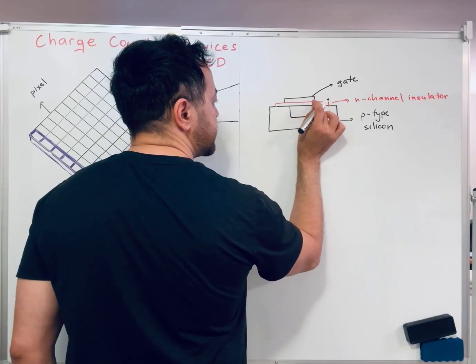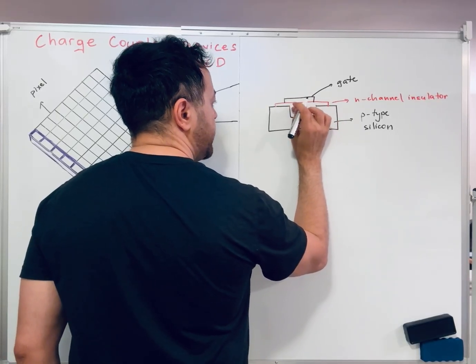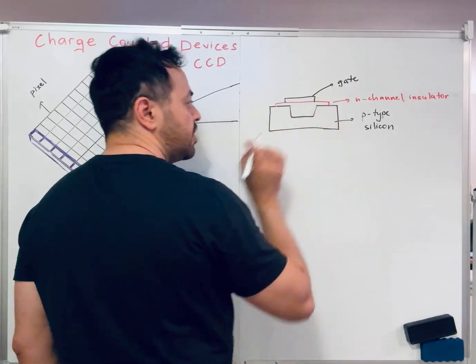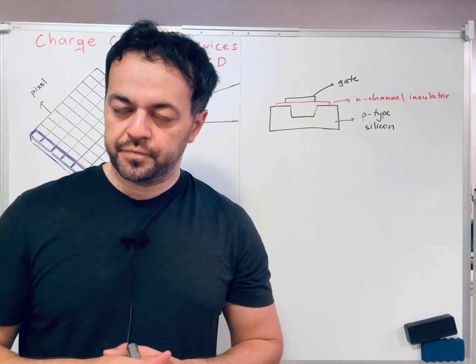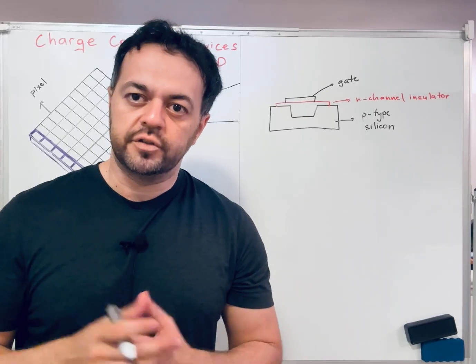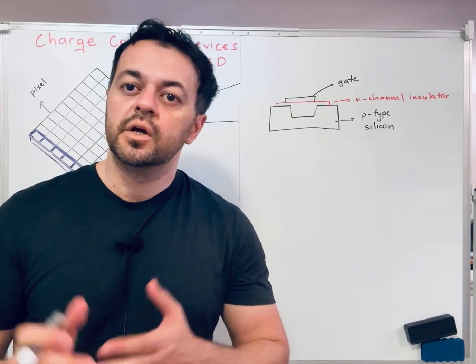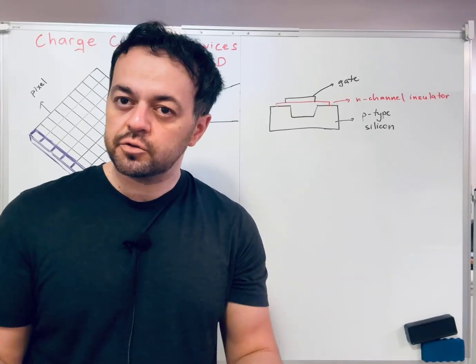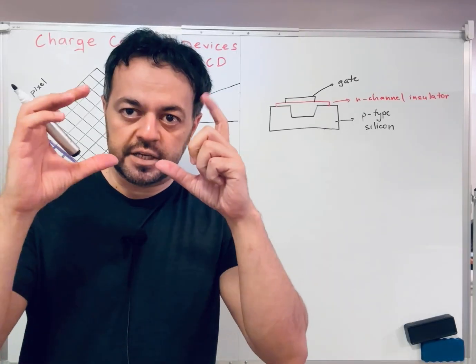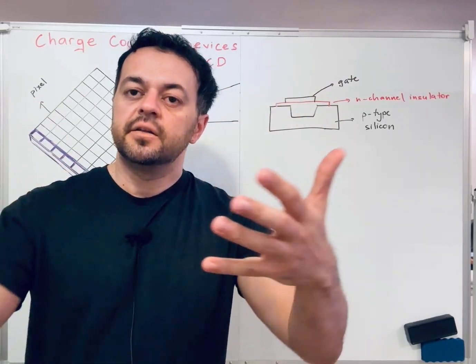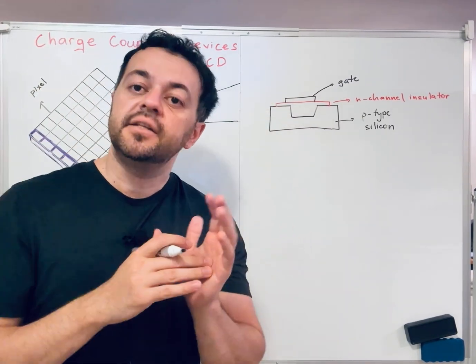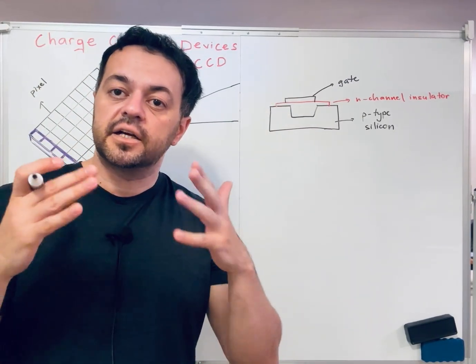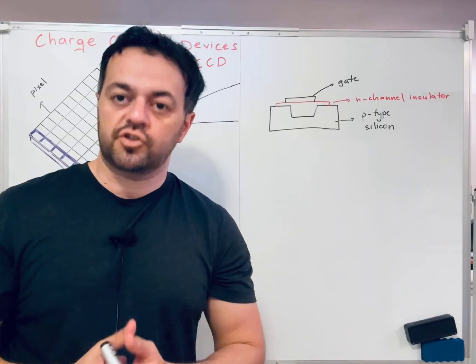These wells are responsible for collecting the electrons. Where do they get the electrons? The electrons are formed from the photons. The photon comes when we take a picture. The light hits the gate, and then it converts the photon into electrons.